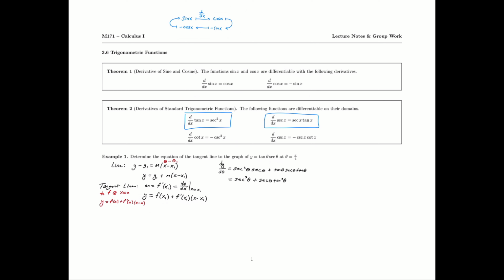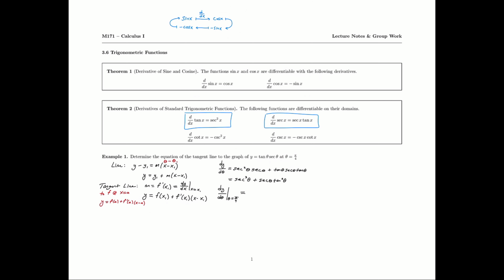Okay? So now, if we're going to evaluate this at theta equals pi over 4, we just have to know what these values are. So make sure that on any assignments, you are actually evaluating what this is. You have to know what tangent, secant, sine, cosine all are at the common angles. Anything on your unit circle, you have to be able to know.